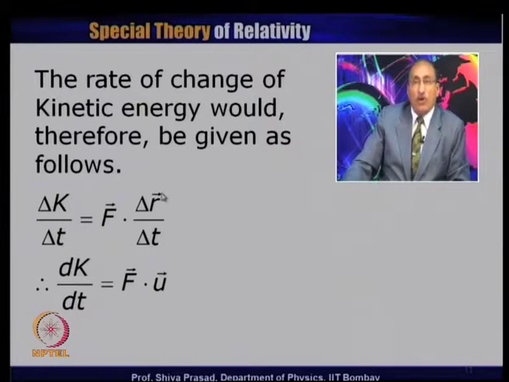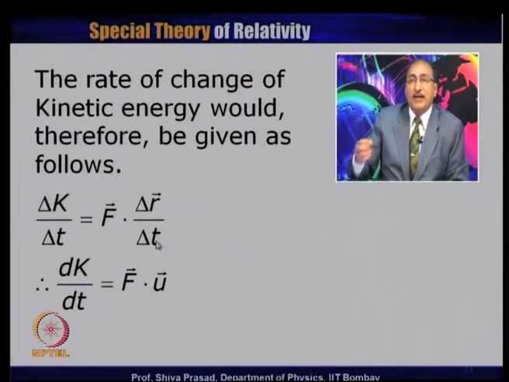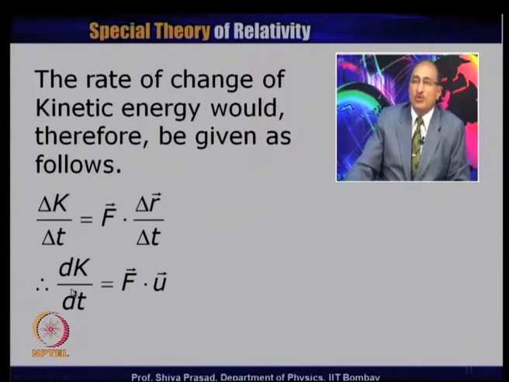So, this is the velocity of the particle, and if I make delta t tend to 0, I can take this as instantaneous velocity of the particle. This is why I am writing F dot u, and these deltas I am replacing by d, because I am assuming that delta t is tending to 0. So, I can write this as dK/dt is equal to F dot u.